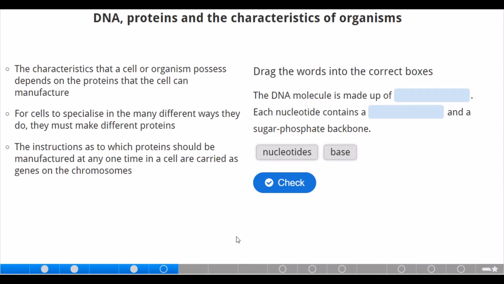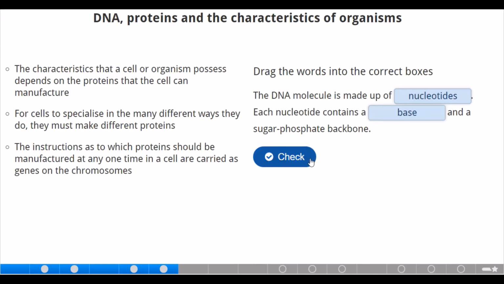Drag the words into the correct boxes. The DNA molecule is made up of nucleotides, and each nucleotide contains a base and sugar phosphate bond.